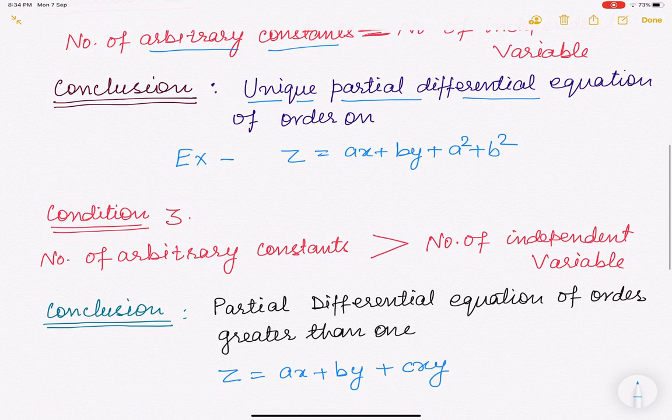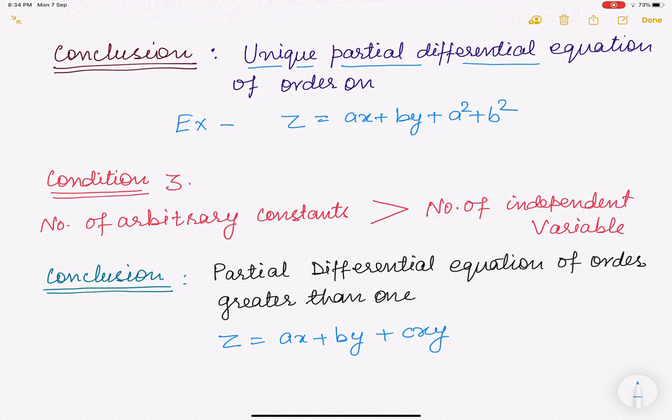And there will be condition 3, when the number of arbitrary constants is greater than the number of independent variables. Suppose we have the arbitrary constants as a, b and c, but the independent variables as x and y only. So in this case, the arbitrary constants are greater than the independent variables, and the partial differential equation has order greater than 1.